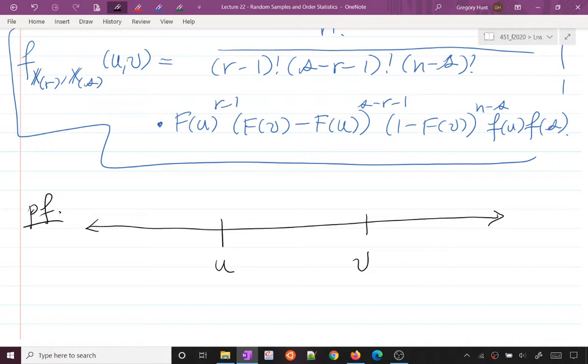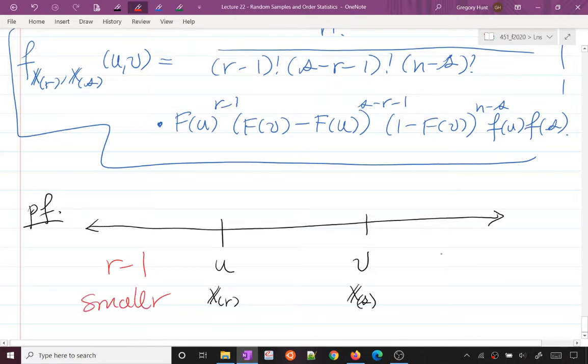So if we have u and v, at u we should have the rth order statistic, and at v, the sth order statistic. That means there should be r minus 1 smaller than u. Between u and v, there should be s minus r minus 1. And bigger than v, we should have whatever the remaining is, n minus s.